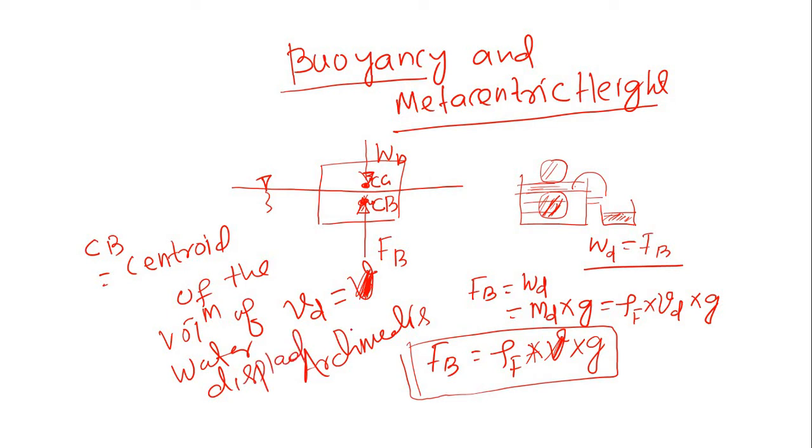So we have to find the centroid of the submerged volume, and that centroid will be the center of buoyancy. Through the center of buoyancy the buoyancy force acts, and through the center of gravity the weight acts. This is the free body diagram.